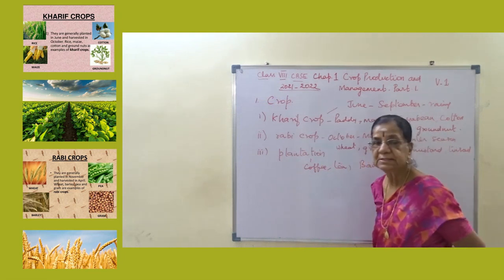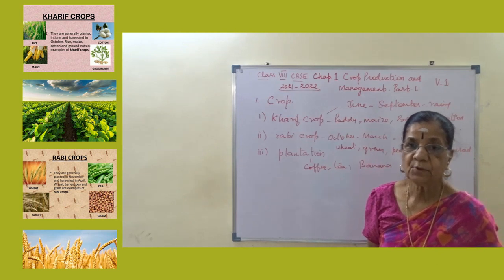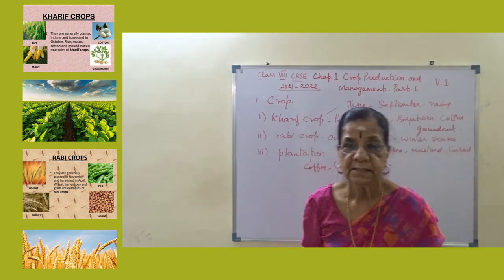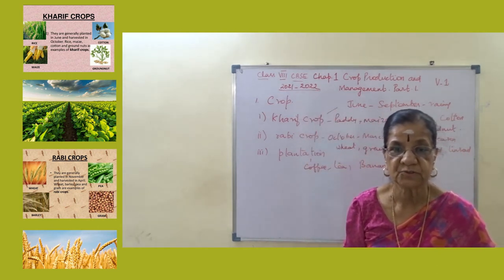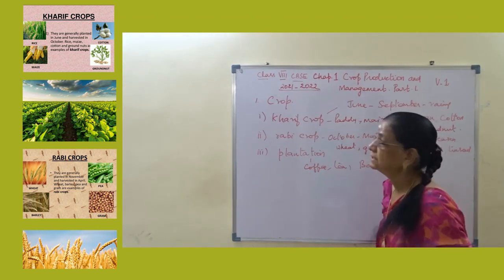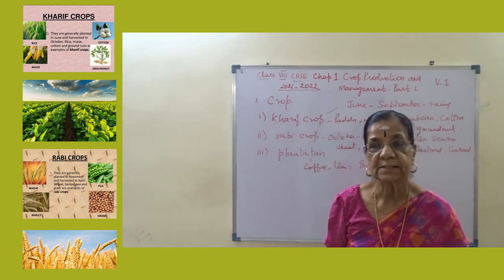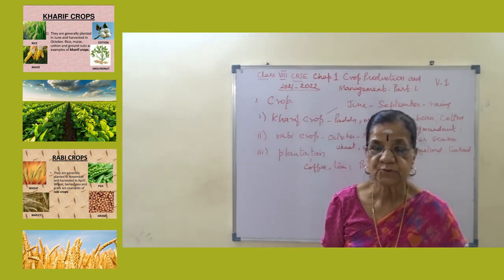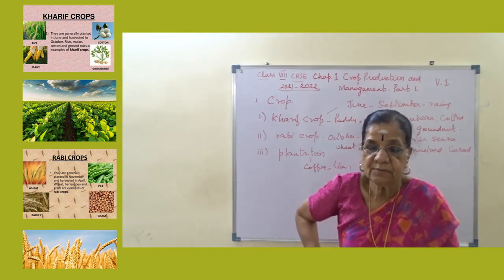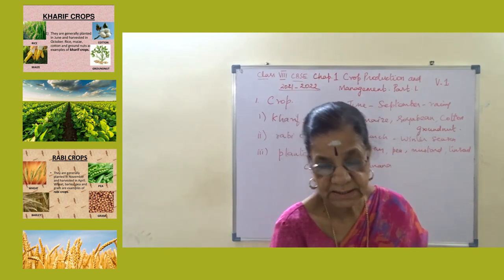These vegetables and other fruits, when they are cultivated for commercial purpose, are called cash crops. Right? When plantation crops and other crops are commercially grown for cash, they are called cash crops. And this is mainly with plantation also. I hope you understand this.